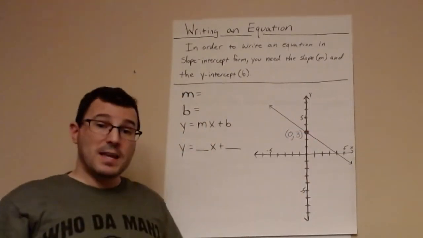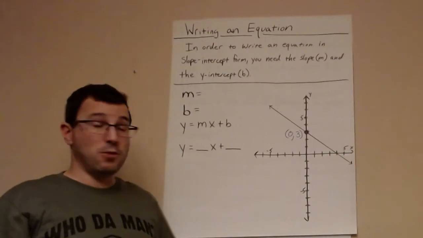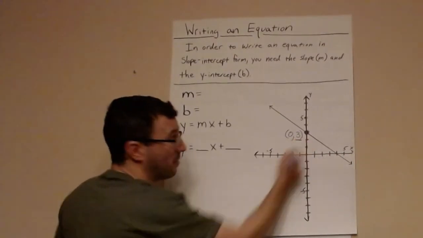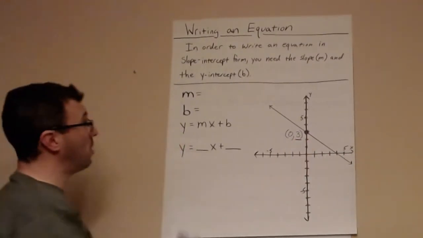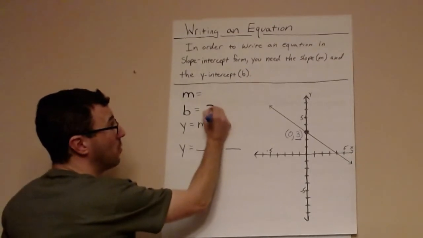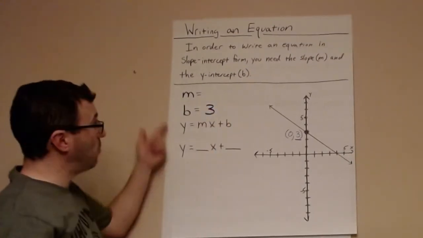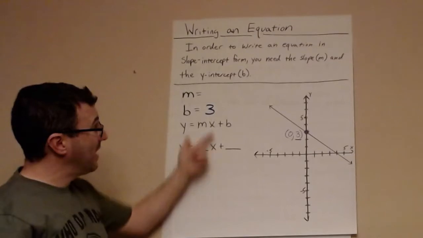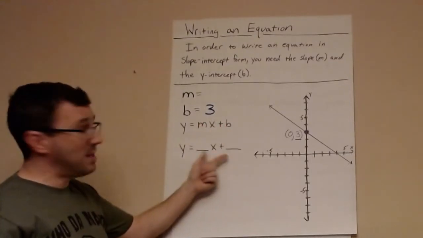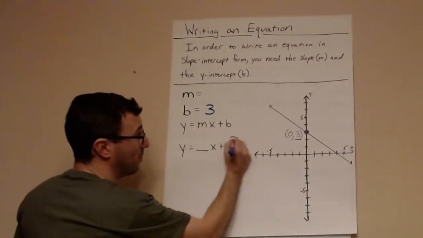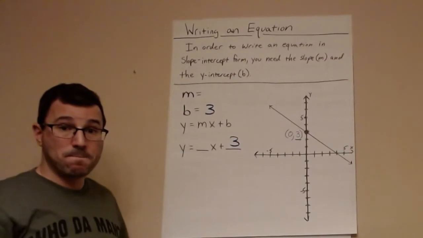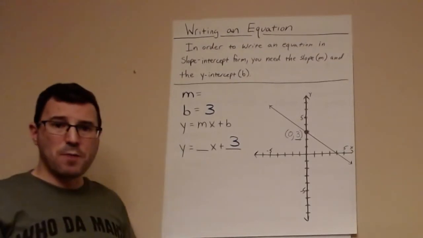The y-intercept is the y value of that point, the 3. So all I'm going to do is write a 3 here, so b = 3, and under where the b is, that blank, I'm going to put my 3. So already I've got part of my equation done.